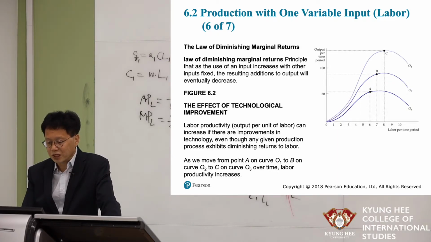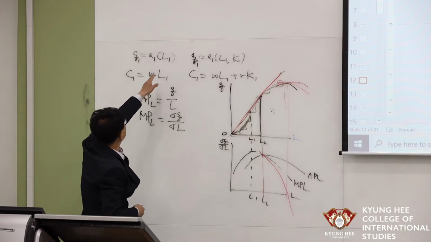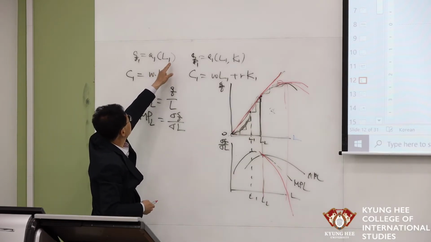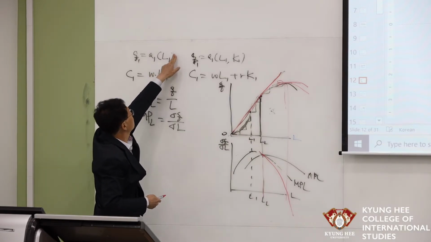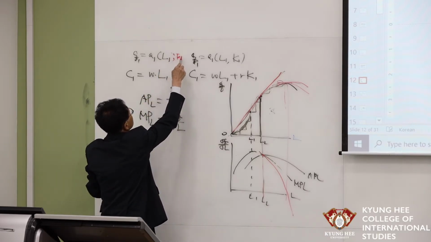Now, the effect of technological improvement, simply talking, productivity growth or technological change, in figure 6.2. The original total product curve is like this. In the production function, I said Q is a function of labor, but there are some shifting factors, for example, the technology level.